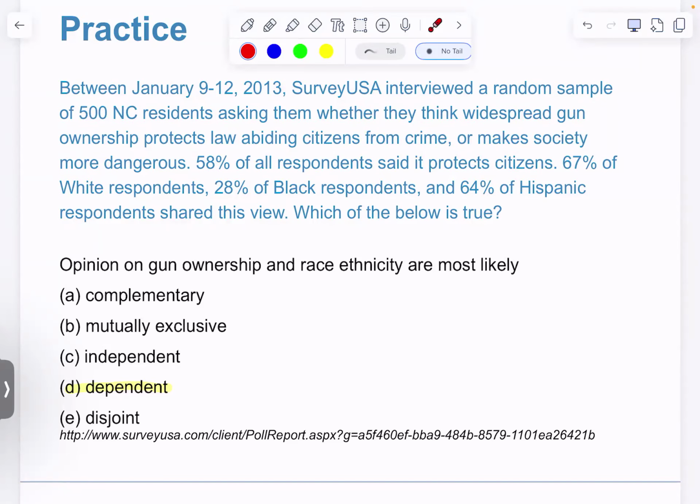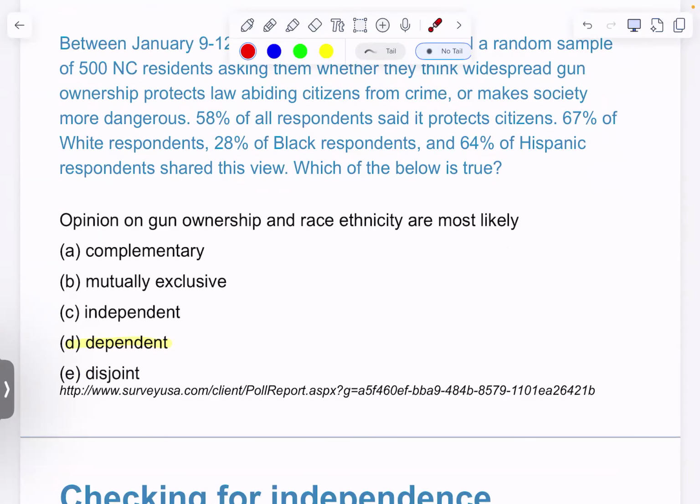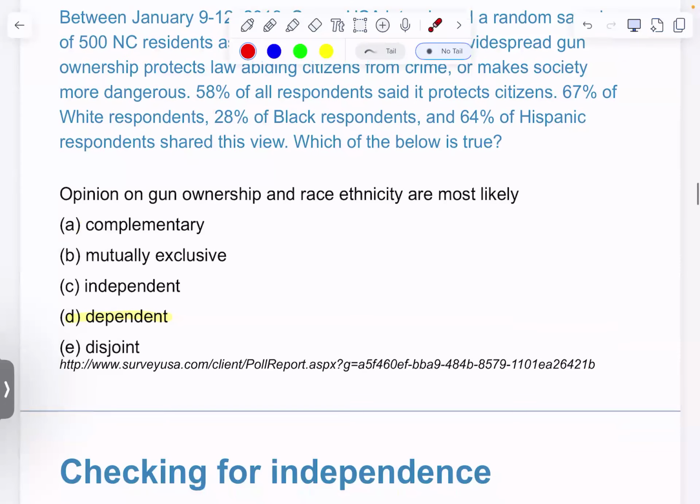And so which of the below is true? Opinion on gun ownership and race ethnicity are most likely probably not complementary because there's overlap. Not mutually exclusive. They're not independent. Why?